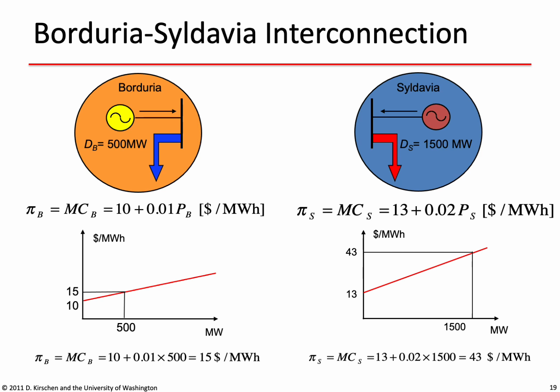So we can observe that the generation in Borduria is cheaper than the generation in Syldavia, and as we would expect, the price in Borduria is significantly lower than the price in Syldavia.